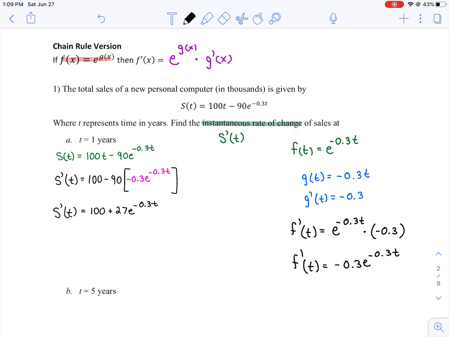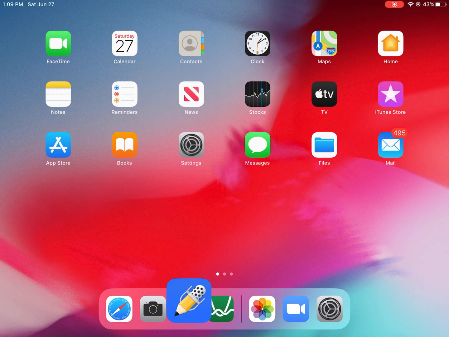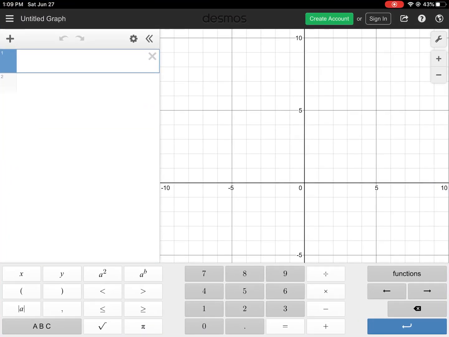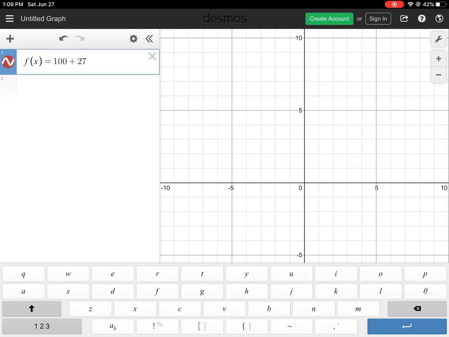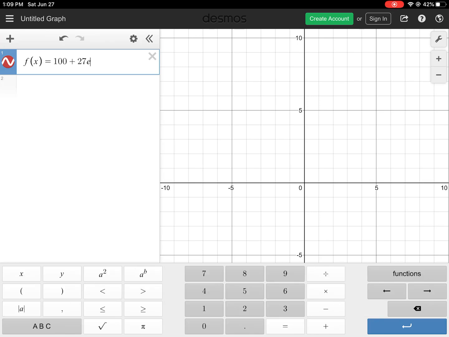Now the problem asks to evaluate this derivative when t is 1. So we're going to do that in Desmos. Okay, so if you want to find e, hit the ABC, type in e, and that will give you the proper value for e.